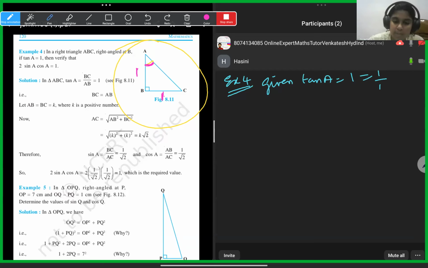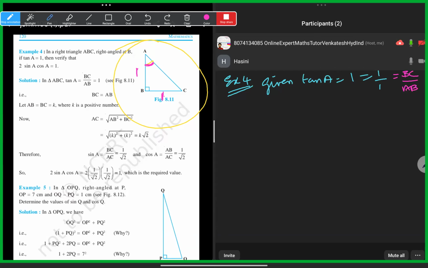Opposite side is BC. If you are writing the formula using perpendicular by base, BC will be the perpendicular for angle A, so BC by AB. Anyways, opposite by adjacent also, for angle A, opposite side will be BC. So BC by AB.